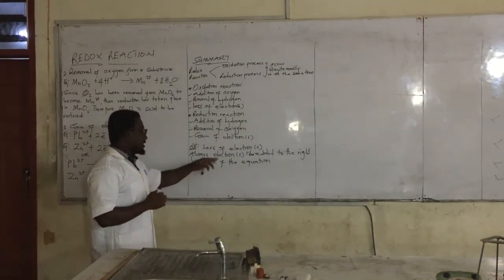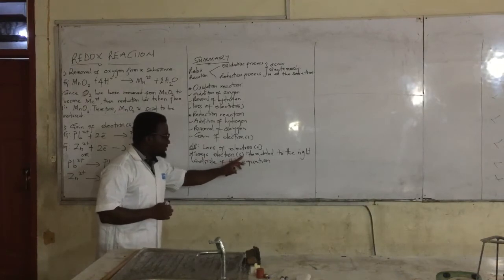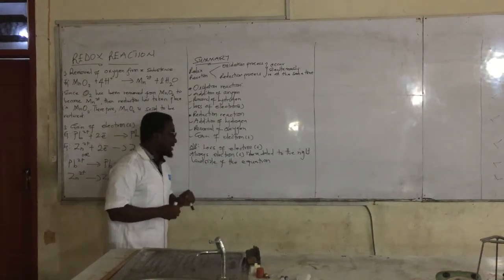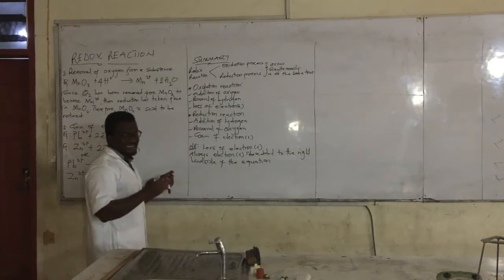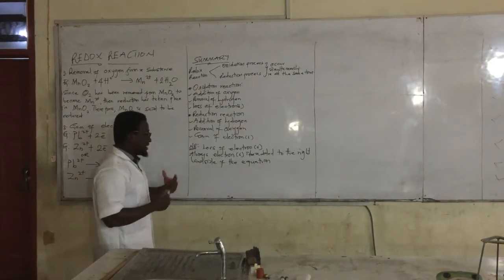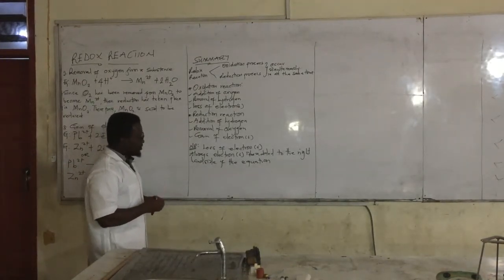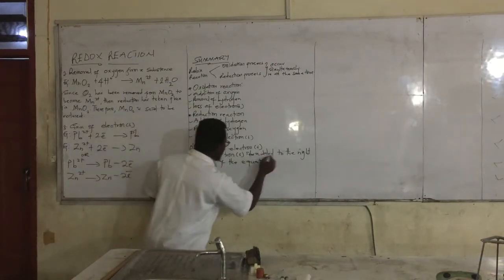So always electron or electrons is or are added to the right hand side of the equation, and that indicates that the process is what? Is oxidation. So you know this process is oxidation, right?